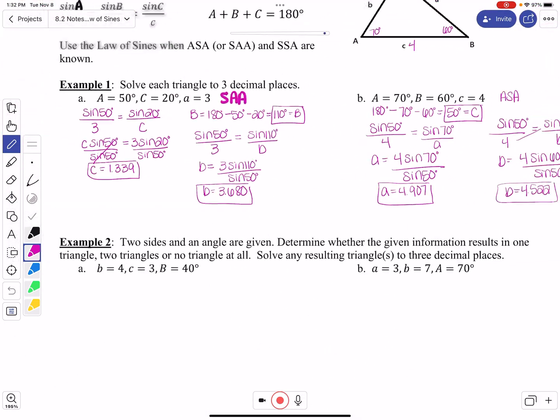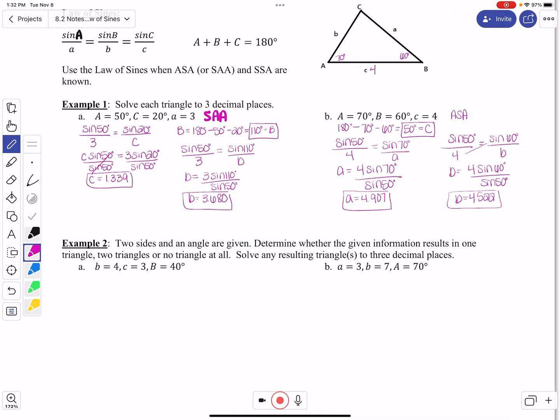Okay, so now what happens on these, if I go and erase these, B is 4, C is 3, and capital B is 40 degrees. So this is a situation where we have side-side angle.